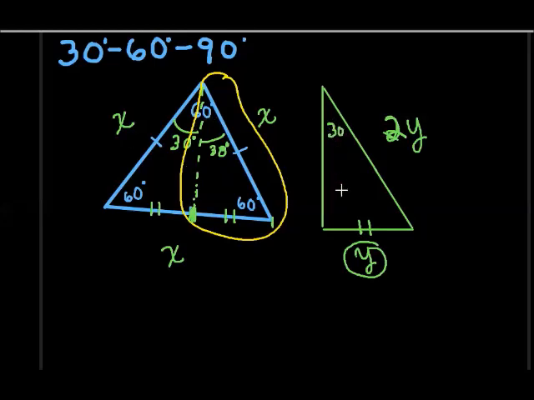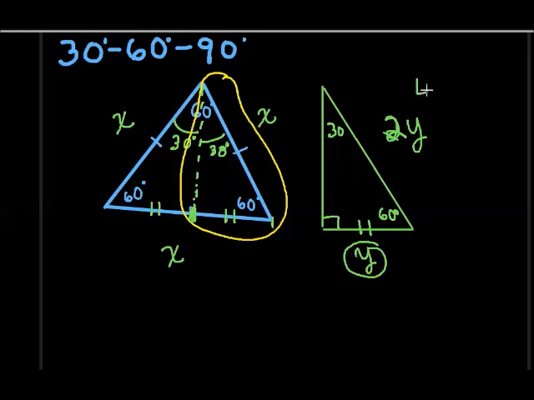This angle is 30 degrees. This is a right angle. And this angle over here is 60 degrees. Remember that the smallest angle is opposite the smallest side, and the largest angle is opposite the largest side. So if we want to order our sides based on the angles, my largest side is opposite my 90-degree angle.